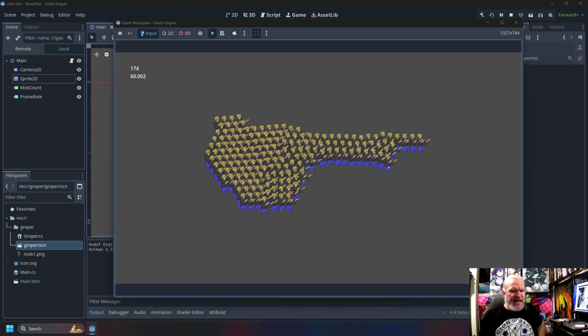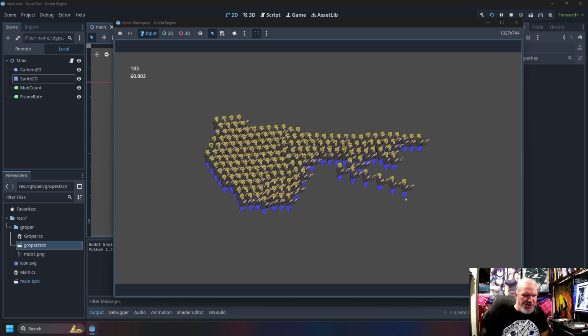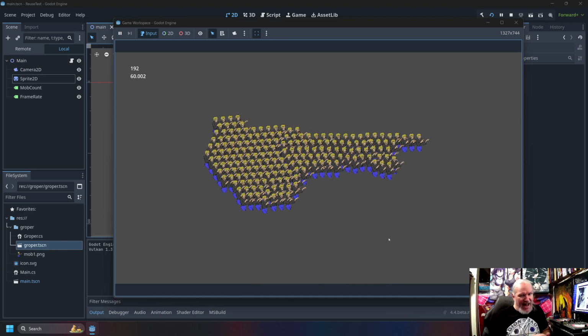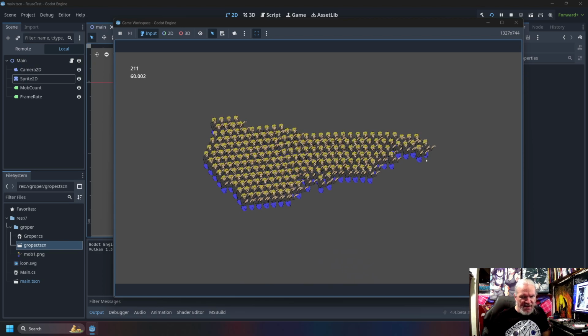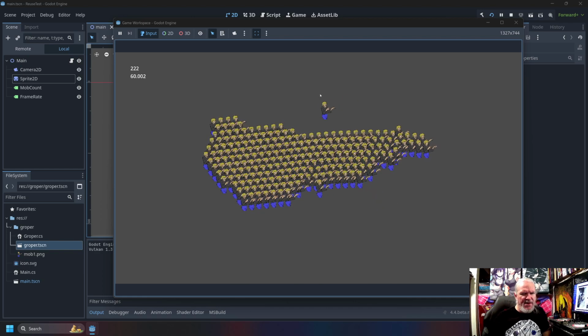And when you look at the number of mobs I got on screen right now, okay, that's a lot. That's a lot of enemies to have on screen. That's a lot of enemies to be expected to deal with. And we're currently about halfway to where the system starts to have problems.